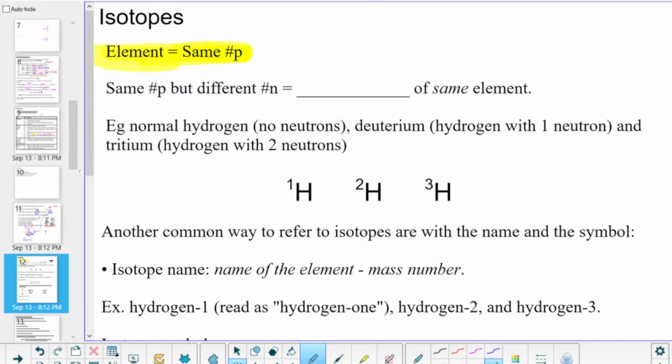It was awesome. Okay, isotopes. Isotopes are the same element. They have the same number of protons, but they differ in the number of N. What are N's? Neutrons. Like Jimmy Neutron.